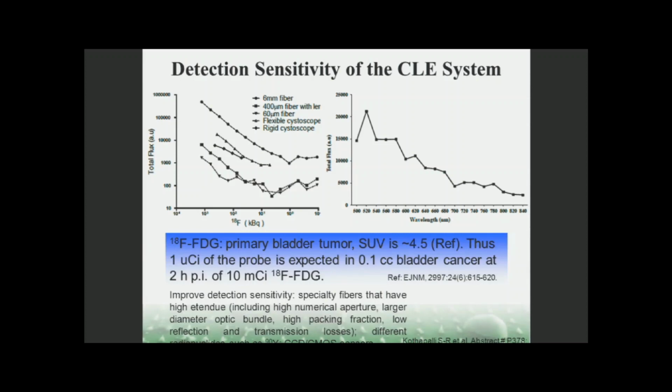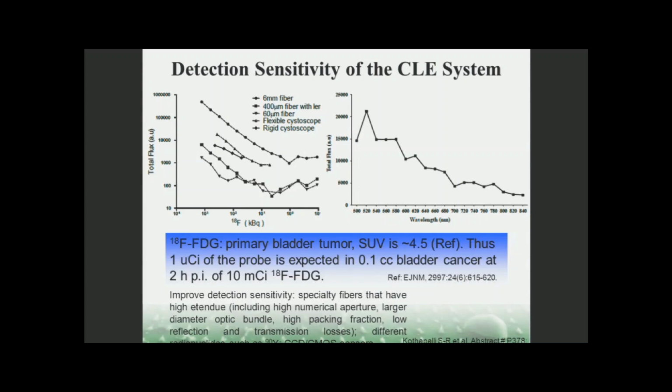So how do we improve that? There are a couple of parameters we can optimize. Those include using a different diameter of optical bundle, which has different parameters. You can also use different radionuclides.